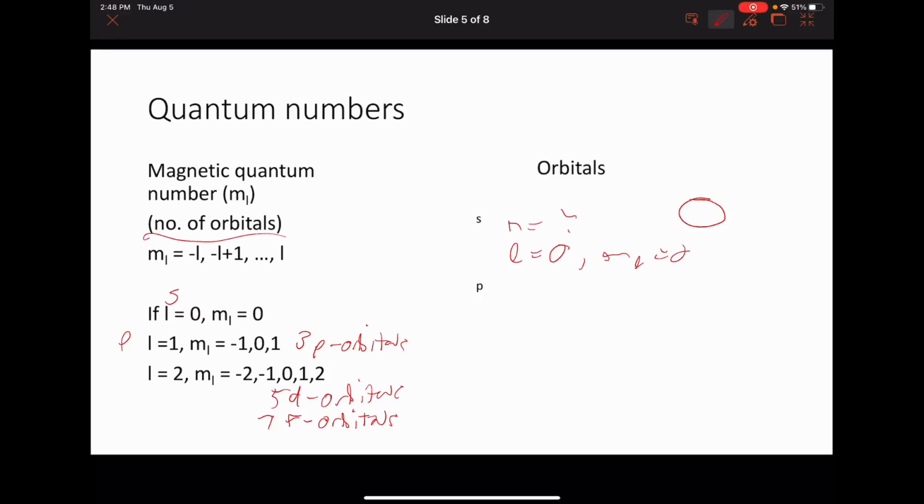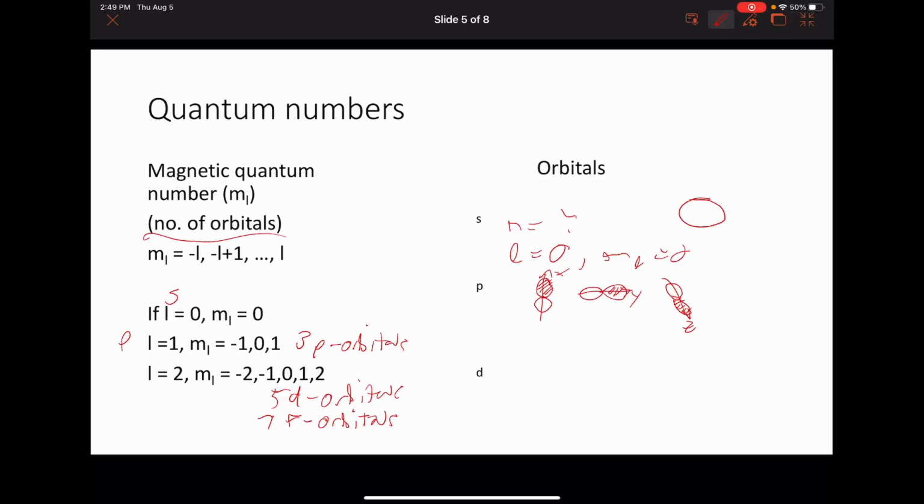Typically, we would draw these as not exactly the same. So we might have one in the x direction. We'll write one in the y direction. And then, if I can draw it kind of coming out of the screen here, in the z direction, right? So you have a lobe pointing along the x, y, and z axes.